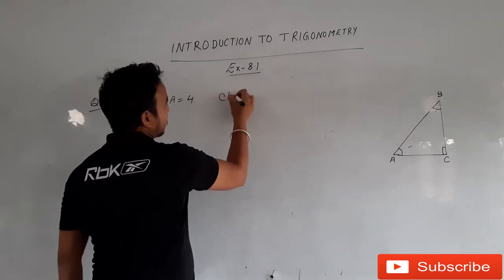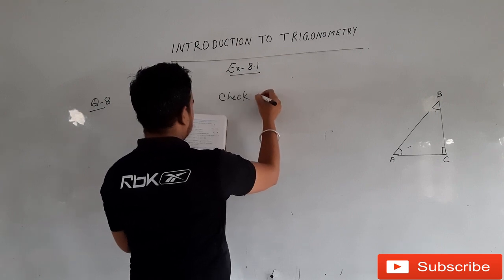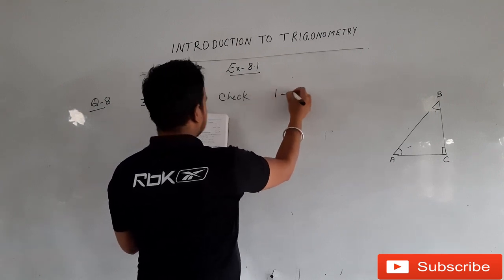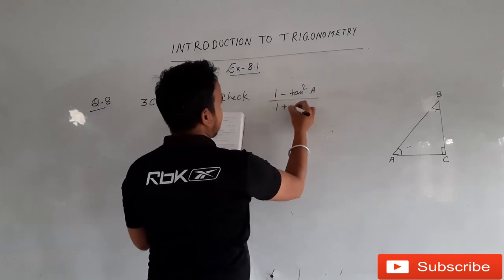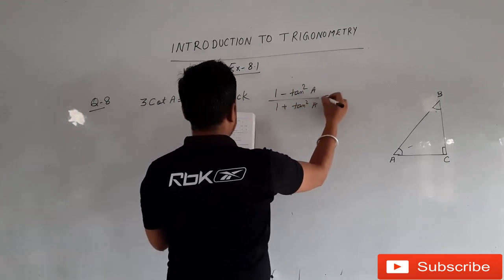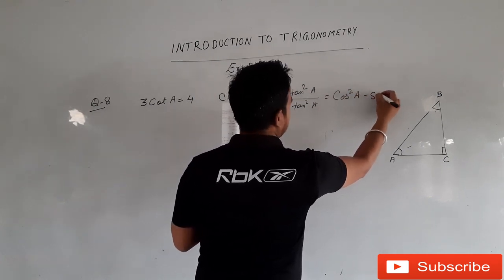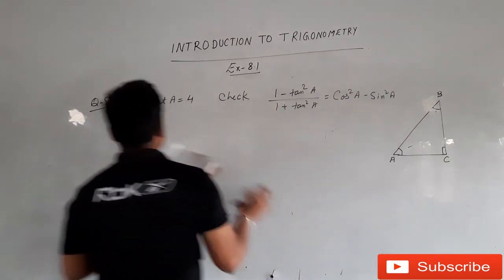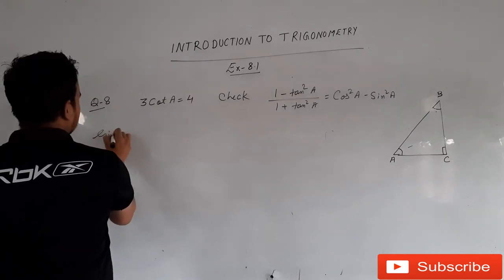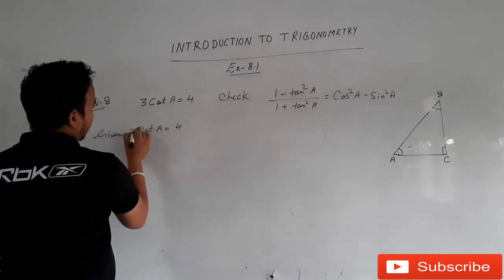Check whether 1 minus tan square A upon 1 plus tan square A is equal to cos square A minus sin square A.